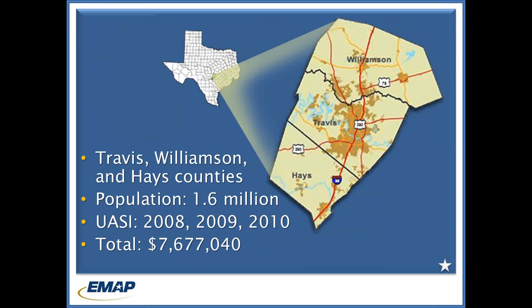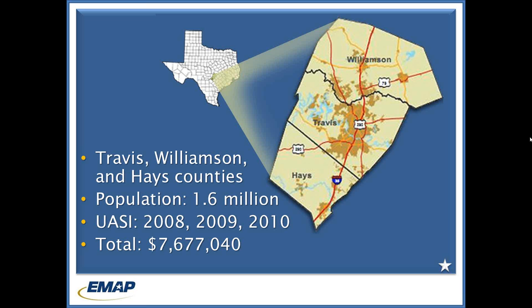Austin, Round Rock, and the Round Rock urban area became a UASI in 2008, but we lost our status in 2011. Our area includes the cities of Austin, Round Rock, and the counties of Travis, Williamson, and Hays. And one of the things that we decided, even though we lost our status, was that we were going to continue to work together as a UASI region. So we still call ourselves a UASI, even though we don't get the grant funding.